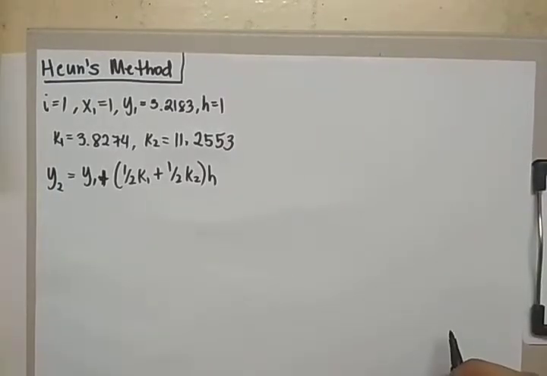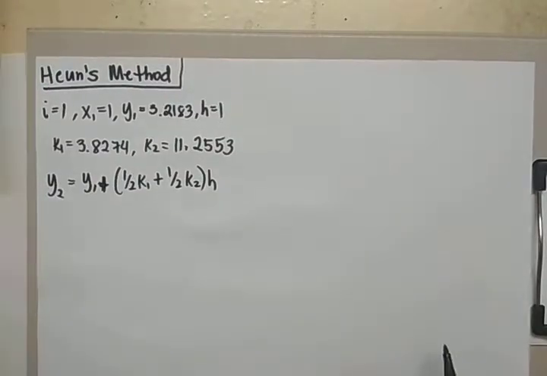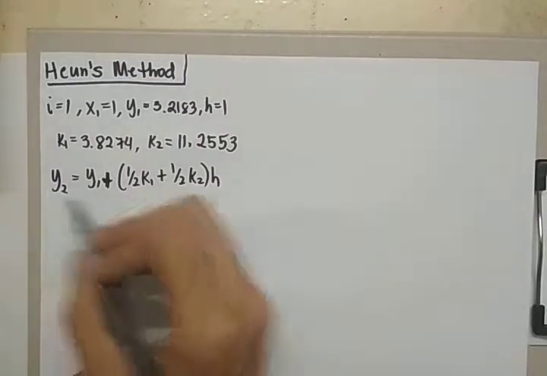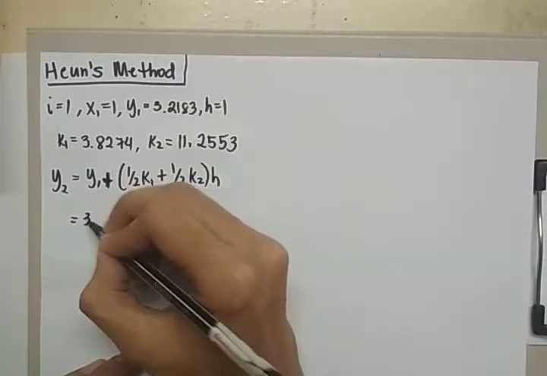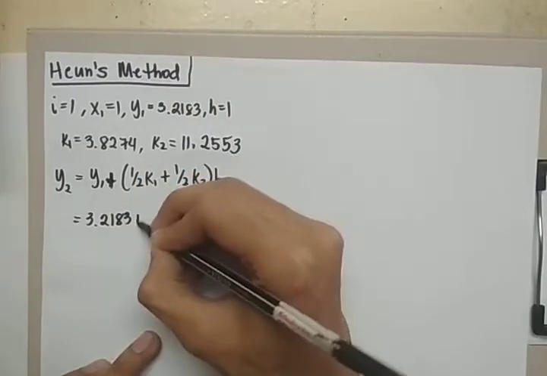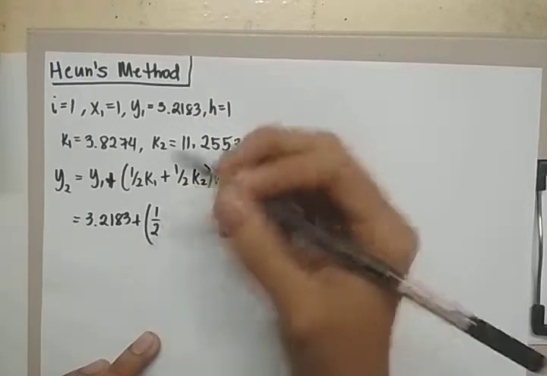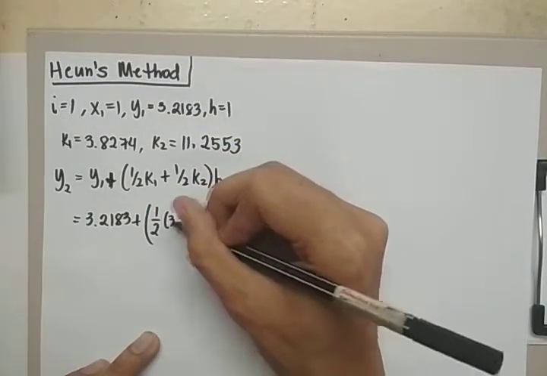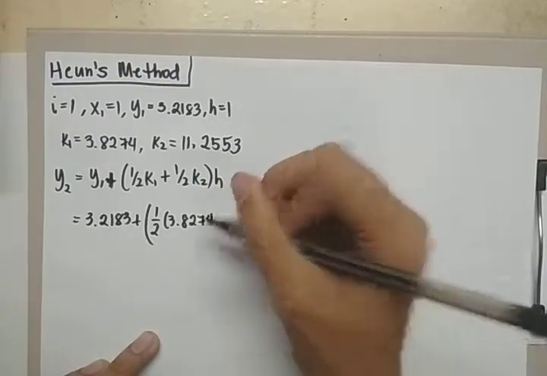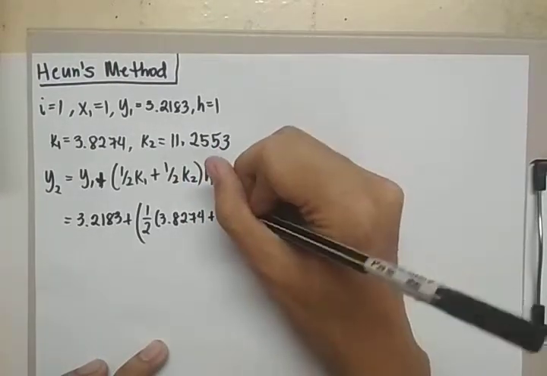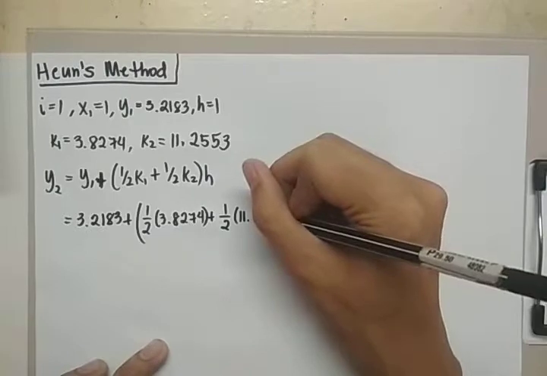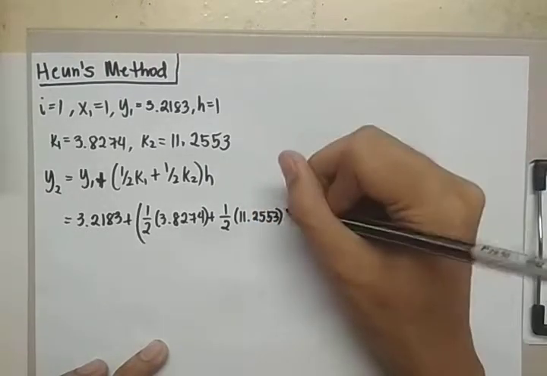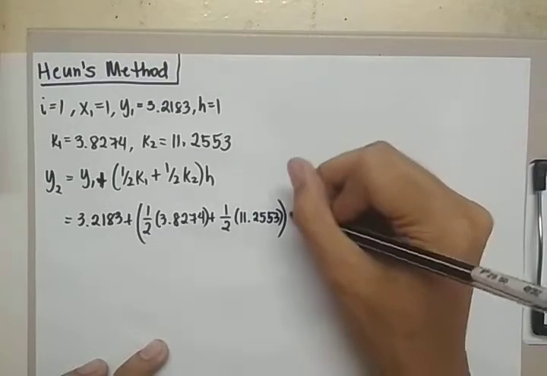Now, since we have our values for y sub 1, k sub 1, and k sub 2, we can get the value for y sub 2. Using this formula and substituting these values, we get 3.2183 plus 1/2 of k sub 1, which is 3.8274, plus 1/2 of 11.2553, multiplied by h, which is 1.